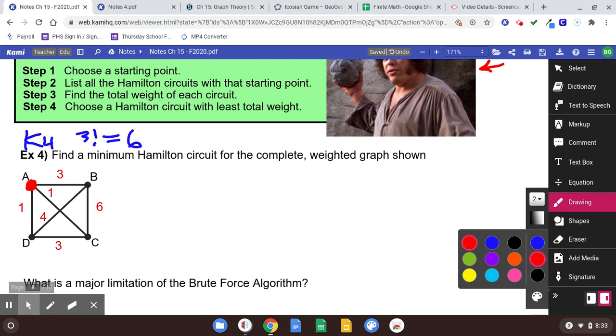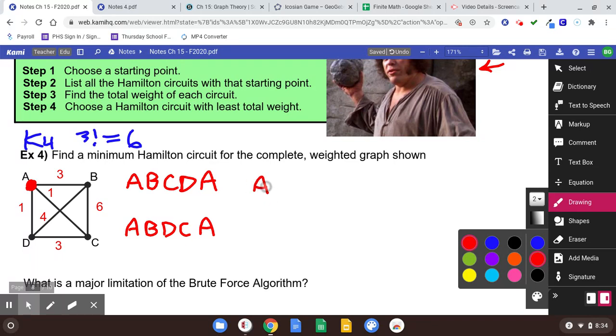If you started at A, you could either go to B next, or C or D. So if you go from A to B, you could either go A, B, C, D, and back to A, or you could go A, B, D, C, and back to A. So start over.